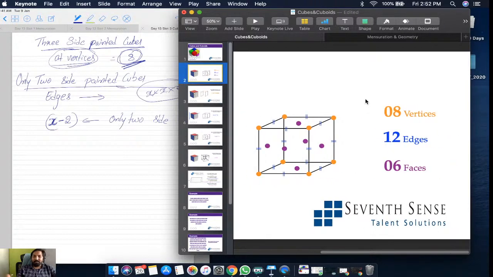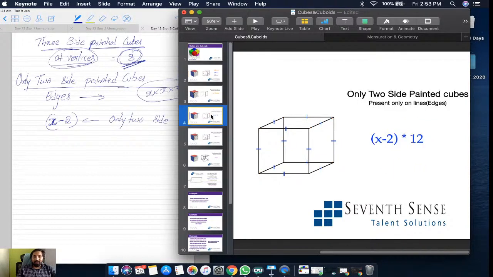Look at this, we have already discussed. Prajwal also says 8 edges. How, Prajwal? Look, these double lines are edges. 1, 2, 3, 4 on the first face, and so on. There are 12 edges.